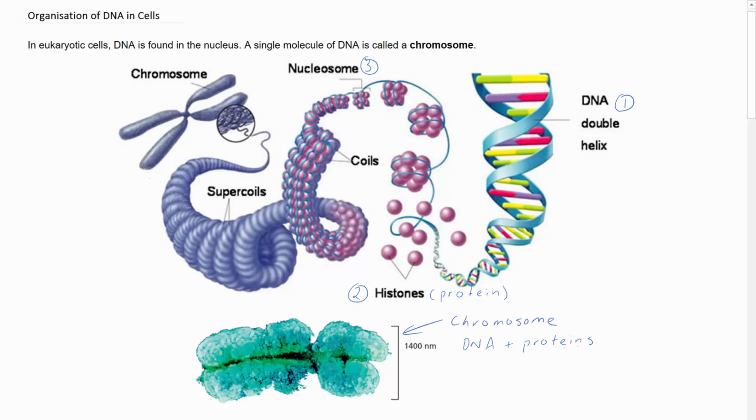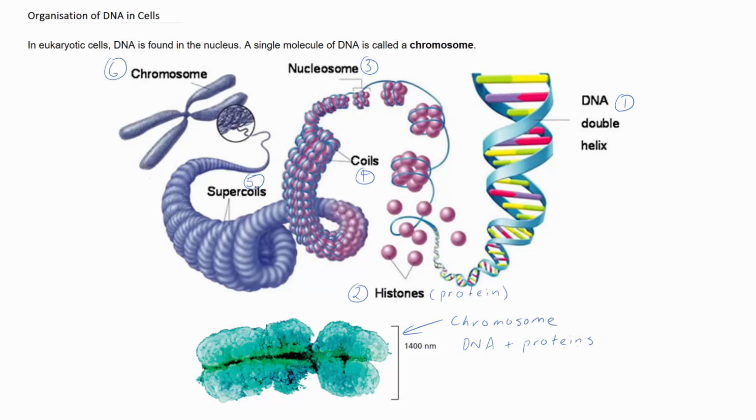And then those nucleosomes coil around to form coils. And then those coils continue to wind themselves around into what's called supercoils. And then eventually those supercoils form your chromosome.